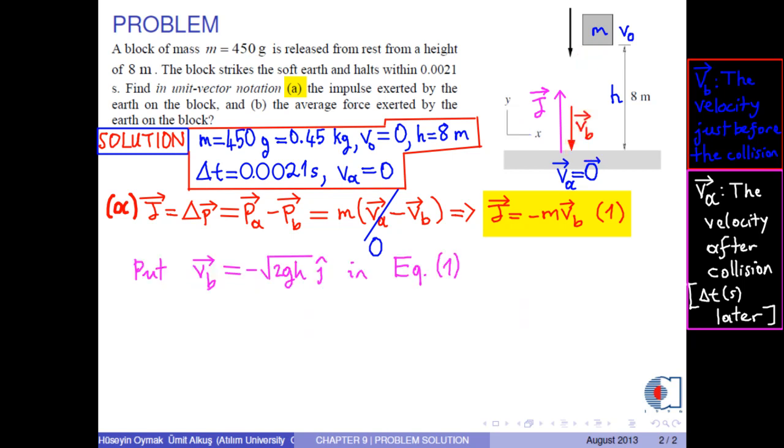Now, if we put this velocity in equation 1 for the impulse exerted by the earth on the block, we obtain the impulse as m times the square root of 2 times g times h j hat. Now we substitute the numerical values into this equation.